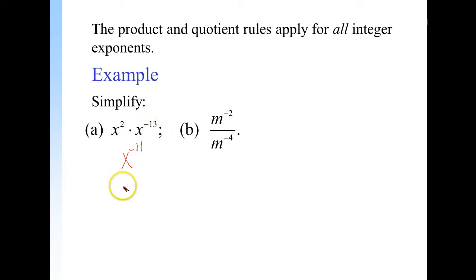And if we wanted it in positive form, it would be 1 over x to the 11th. Now here, if we wanted it in positive form, we're bringing the negative 4 up. It becomes a positive 4. So this eventually becomes m to the 2nd. And again, over 1, but we don't write that.